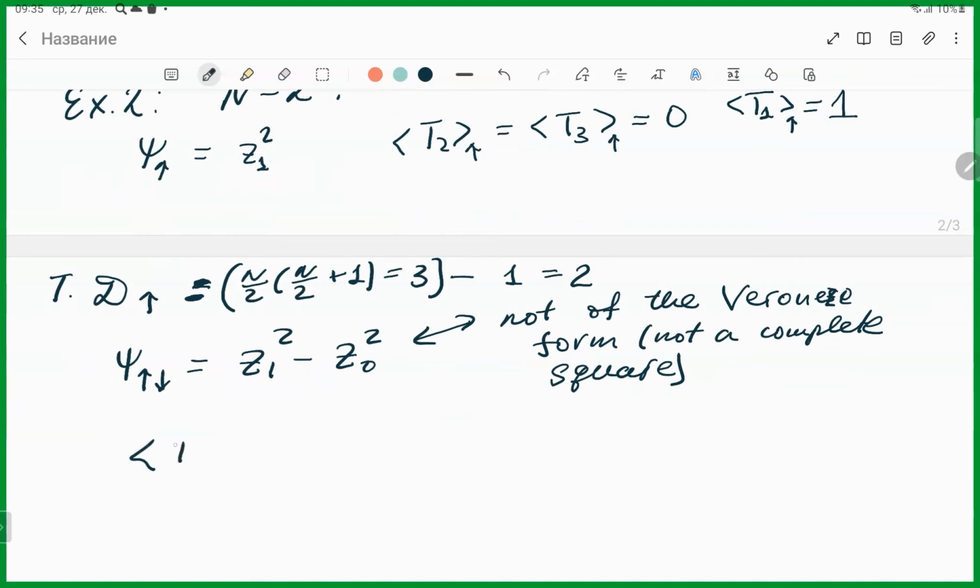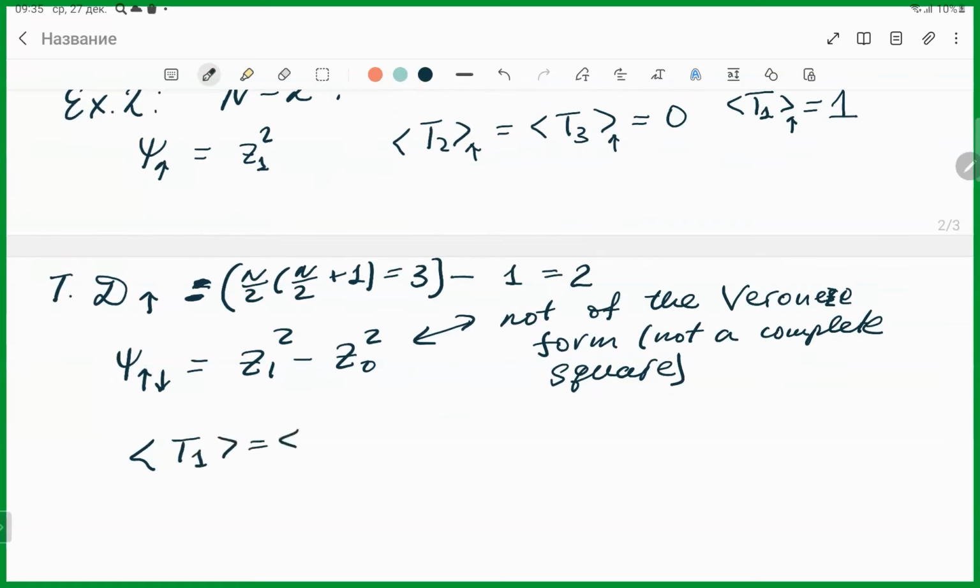So not only the average of T1 and the average of T2 on this state equal 0, but also the average of T3 on this state equals plus 2.